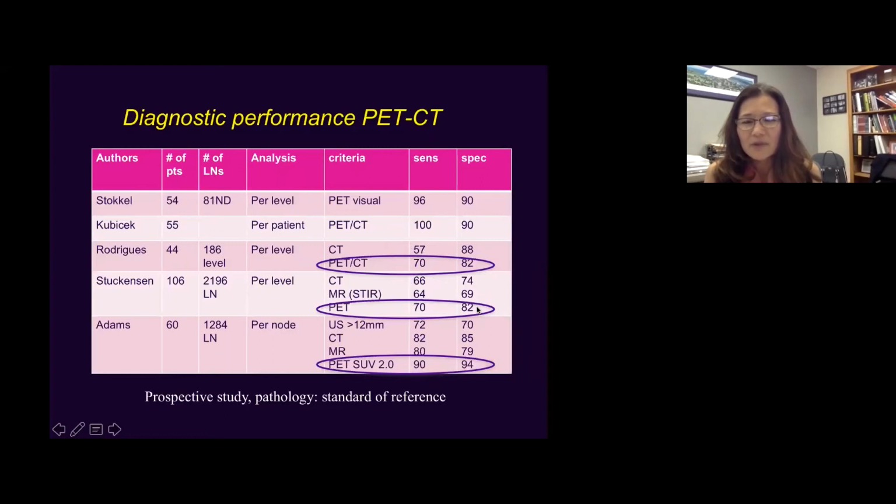And it's especially a little bit lacking in terms of the diagnostic criteria, because you can be very inclusive and call any subtle uptake a metastasis, then you have a high false positive rate, or you can just detect definite FDG uptake and maybe miss some of the mildly avid lymph nodes. So there's some variation of diagnostic performance.